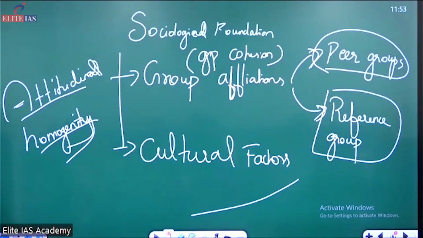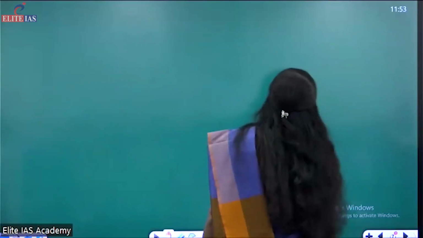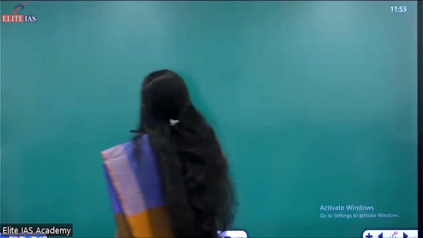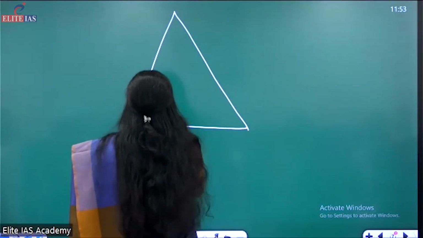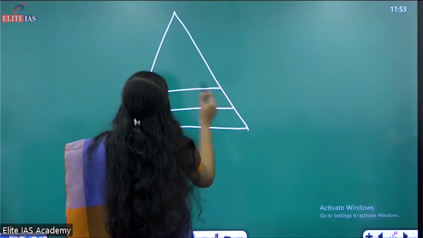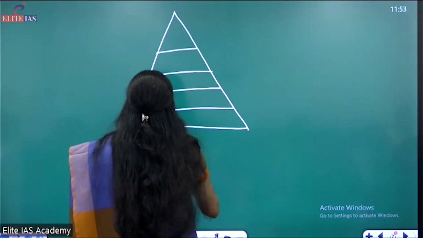Now, one more is remaining, that is psychological needs and attitude formation. Psychological need: needs hierarchy theory. Maslow's is the largely accepted needs hierarchy theory.